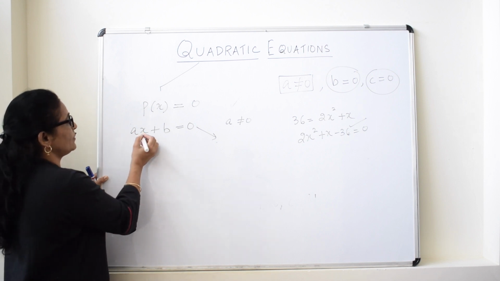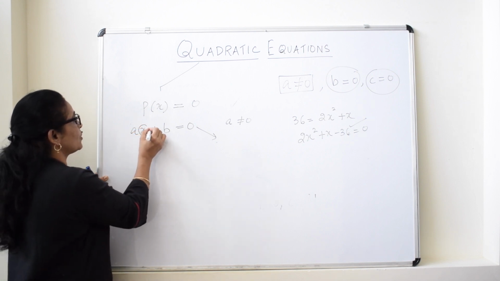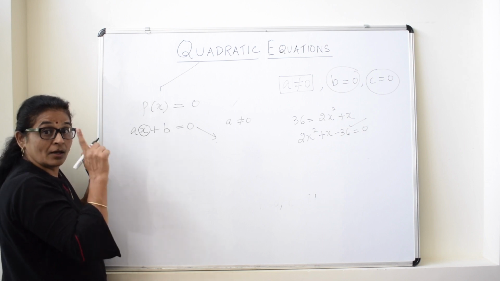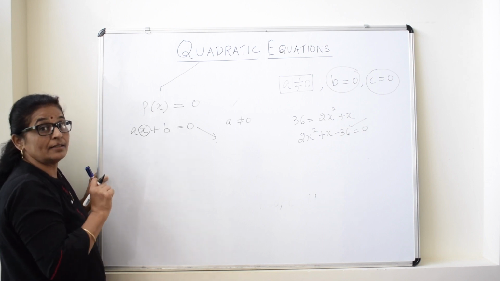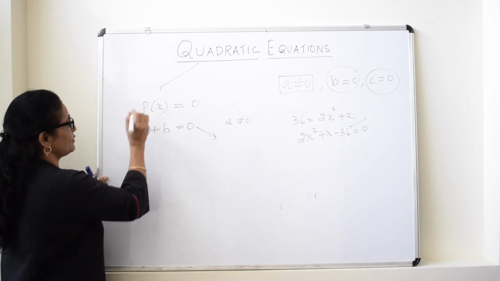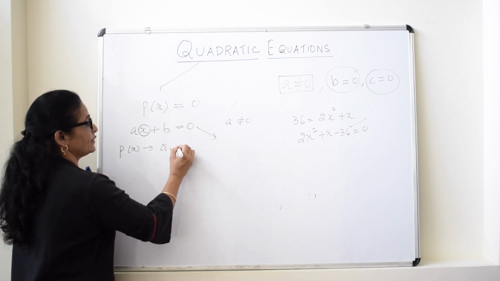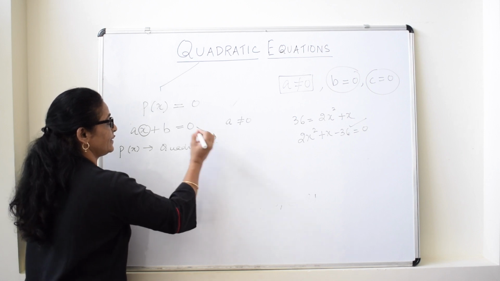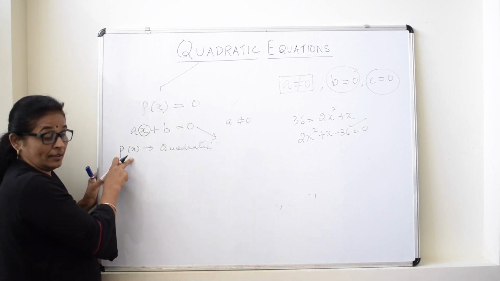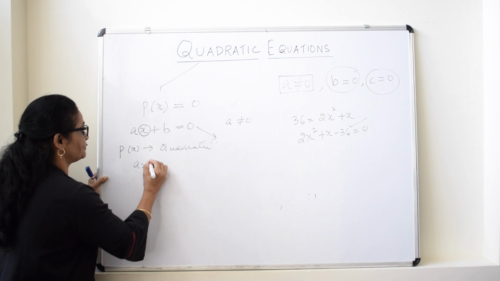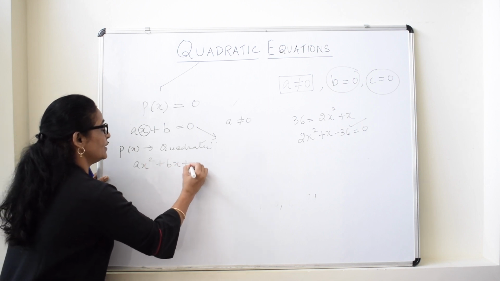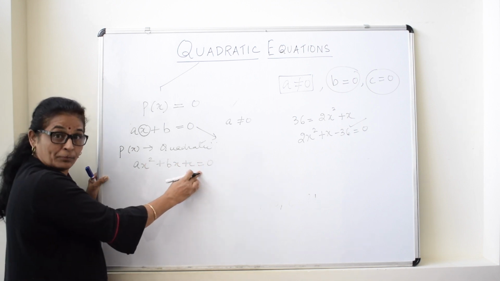Also we can see, since the power of the variable over here is 1, that is why it is a linear equation. Now similarly, if this polynomial is a quadratic, then if you equate it to 0, we get a quadratic equation.